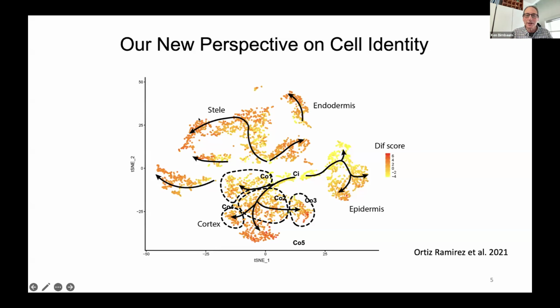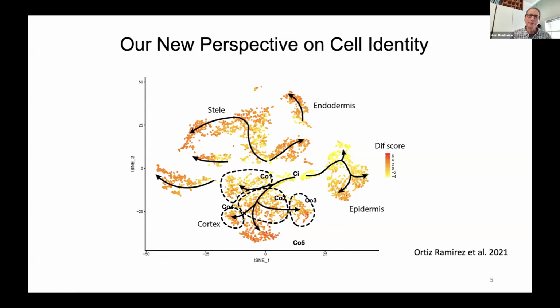We have this tendency to want to say that if there's a distinct cluster here, that's a distinct identity. And perhaps, naturally, if we see clusters that are closely related, like these cortex clusters in maize, we might want to think of these as subtypes or states of the same cell type, right?